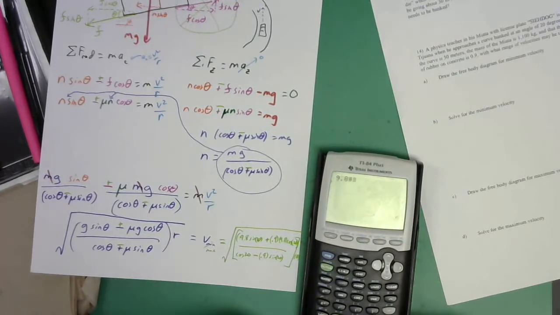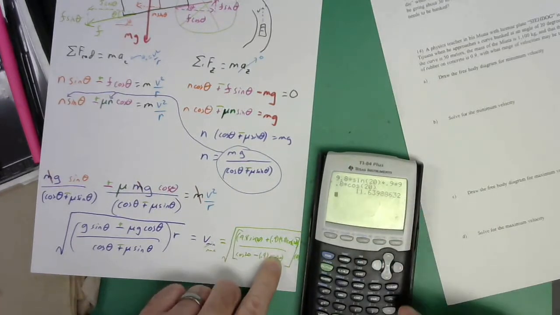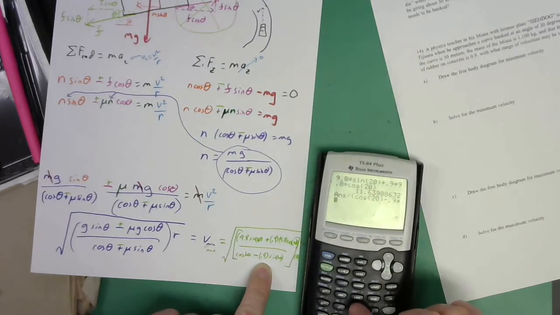Sorry about that. 9.8 times sine of 20 plus 0.9 times 9.8 times the cosine of 20. There we go. I get a positive value. I'm going to divide by that quantity, cosine of 20 minus, in the denominator, 0.9 times the sine of 20. Okay, that's so much better. I'm going to close parens.